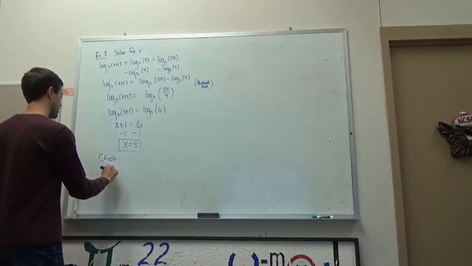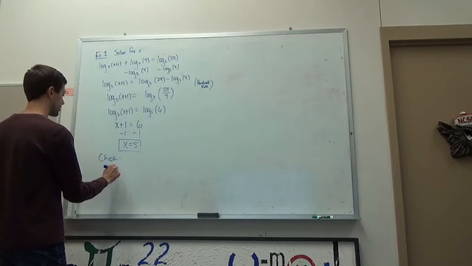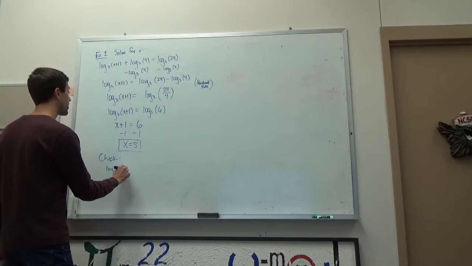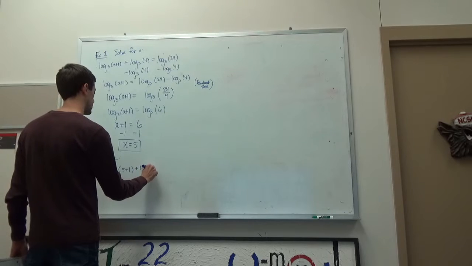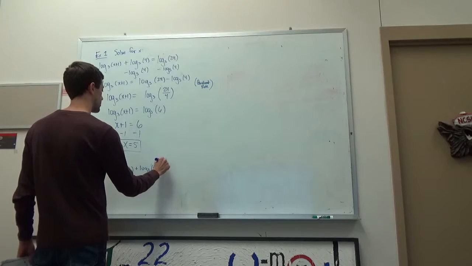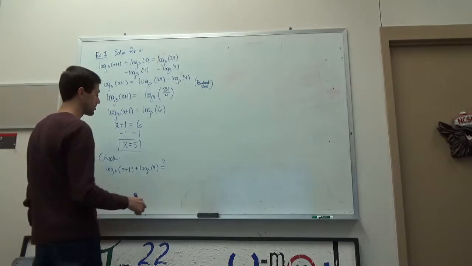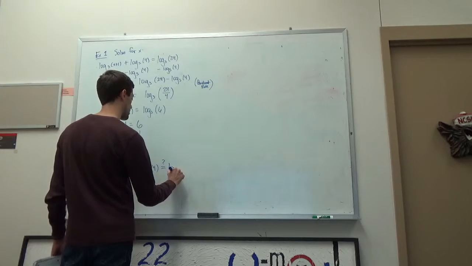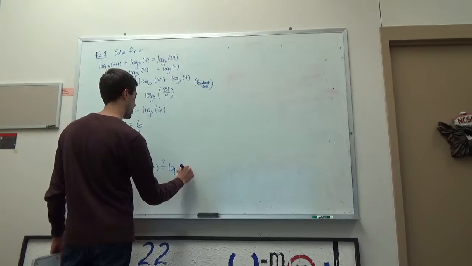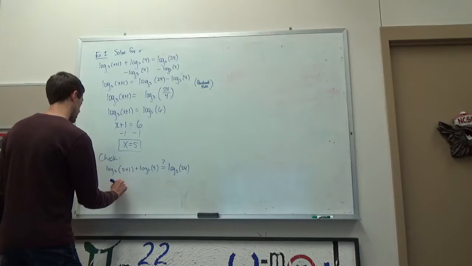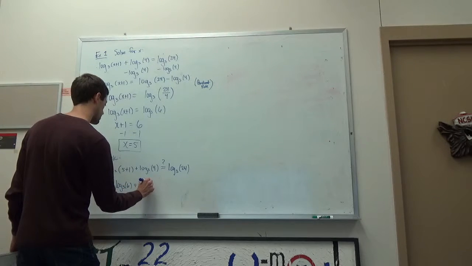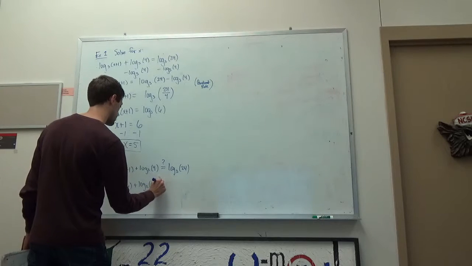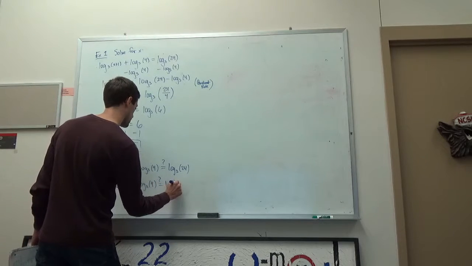So we're going to check our answer, check. So we plug in x equals 5 back into the original equation, log base 3 of 5 plus 1 plus log base 3 of 4. Does this equal, so I'll put a little question mark above the equal sign, does this equal log base 3 of 24? And we'll get log base 3 of 6 plus log base 3 of 4. Does this equal log base 3 of 24?